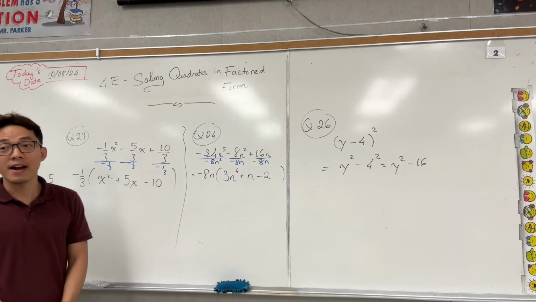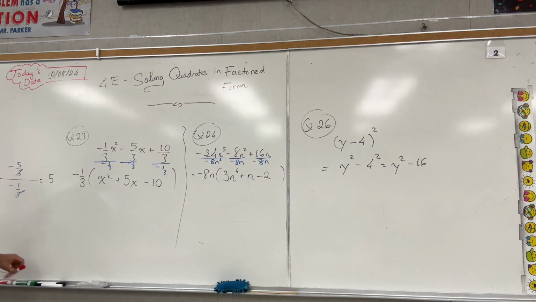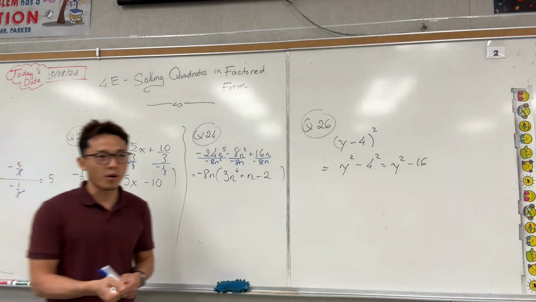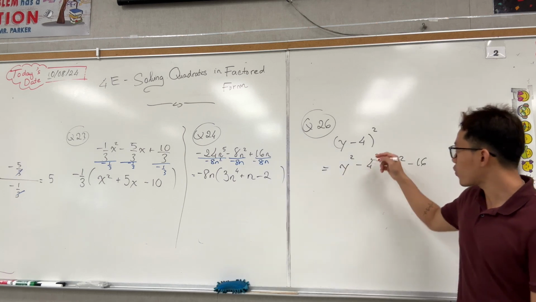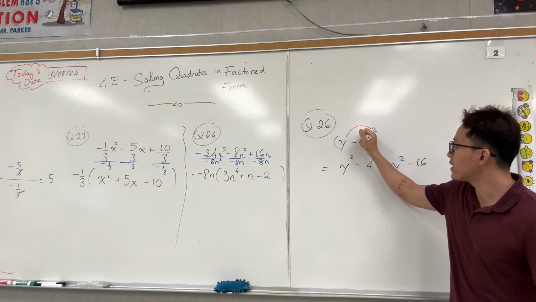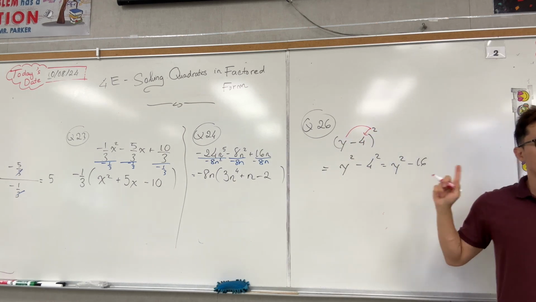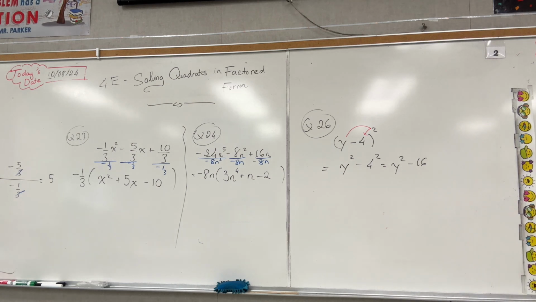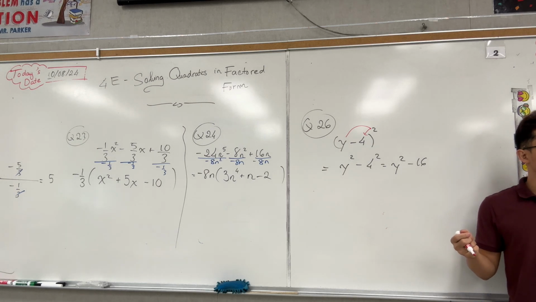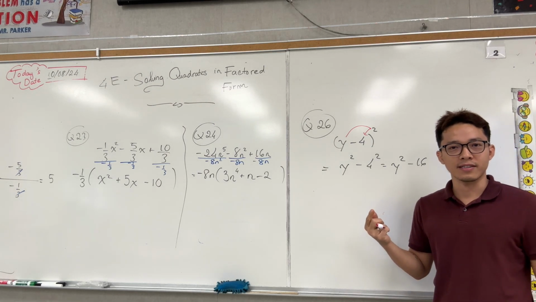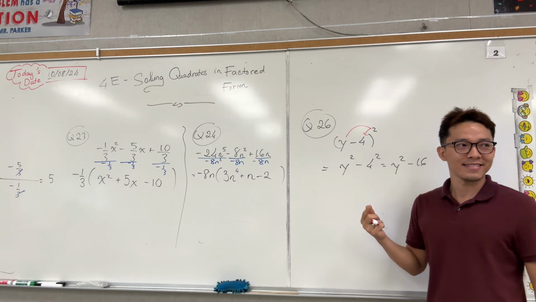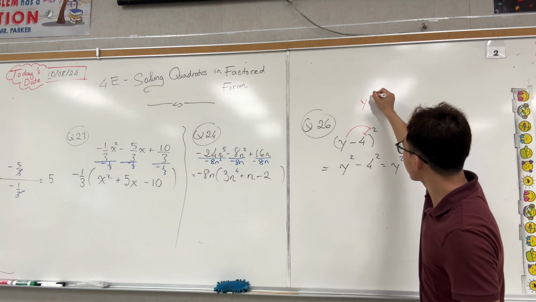And I say it every year. If you did it, you're not the only one. Don't worry. Every year, okay? Oh, I see the square. I'm gonna distribute the square to everything inside. Can you distribute the power? Well, you can, but in what situation? You actually can distribute the power, but in what situation? Like this.